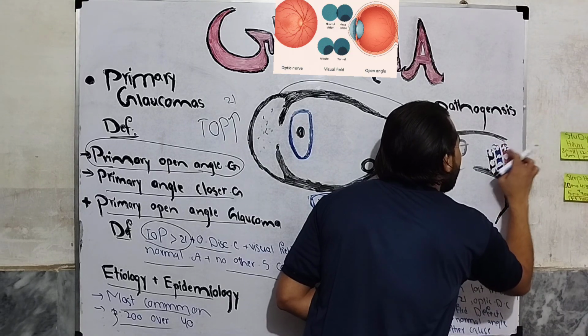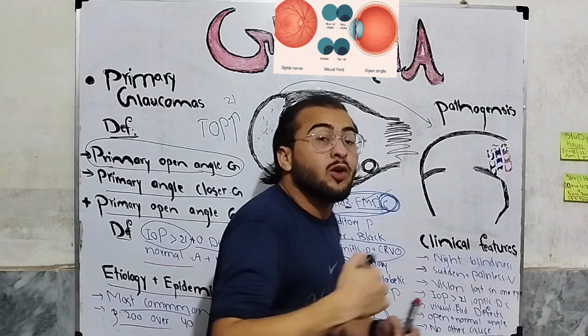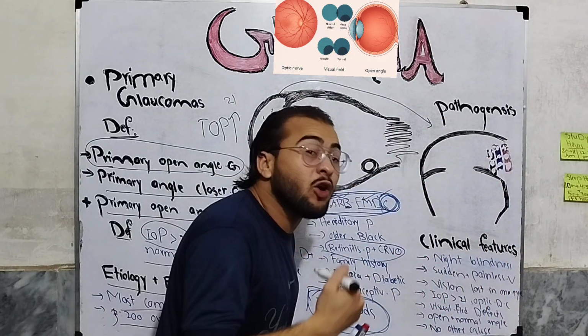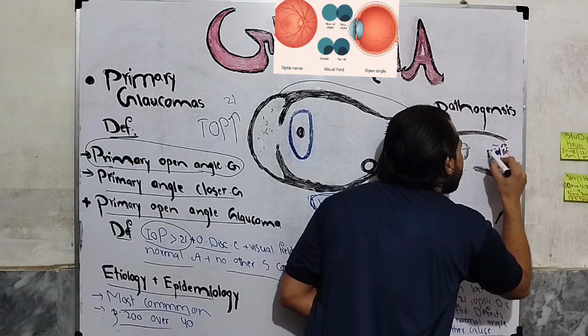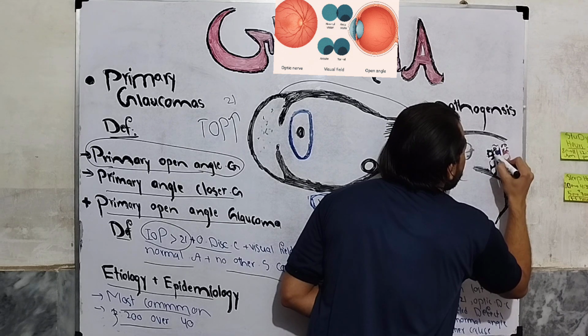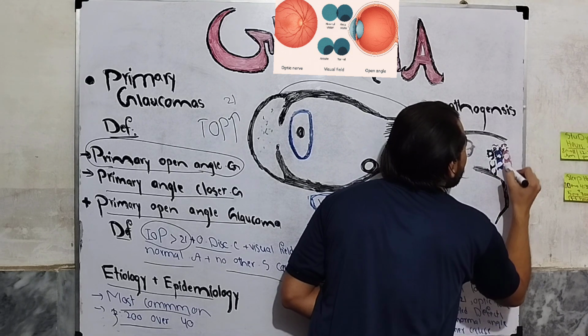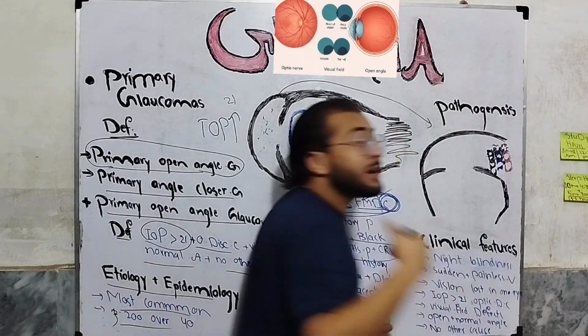When these cells are lost, these spaces will be replaced by the deposition of extracellular matrix, because of the dropout of the trabeculocytes.